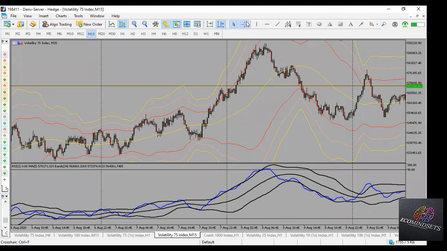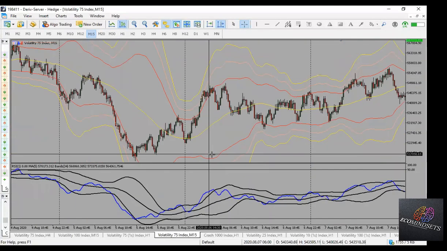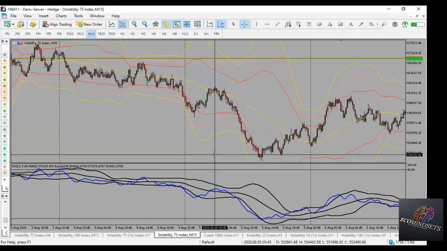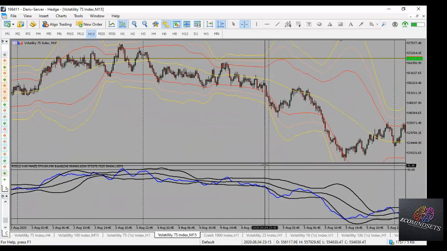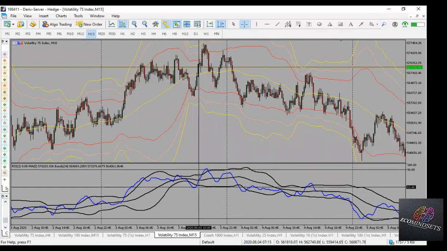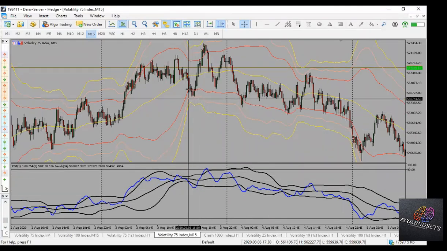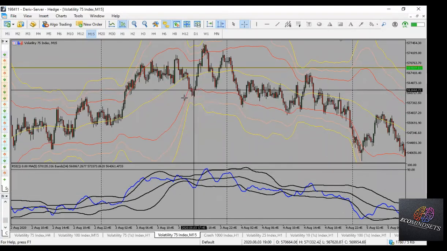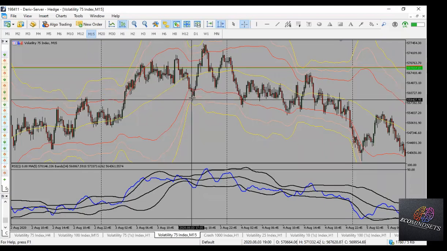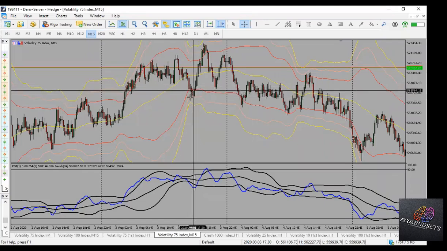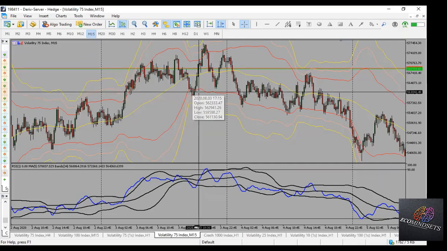Then we can look at another opportunity. Let me see where that next opportunity is. All right, so here we can see another opportunity, even two opportunities. Here on the lower Bollinger Band, there is a rejection. You can see a bullish engulfing here, which is confirming a rejection.